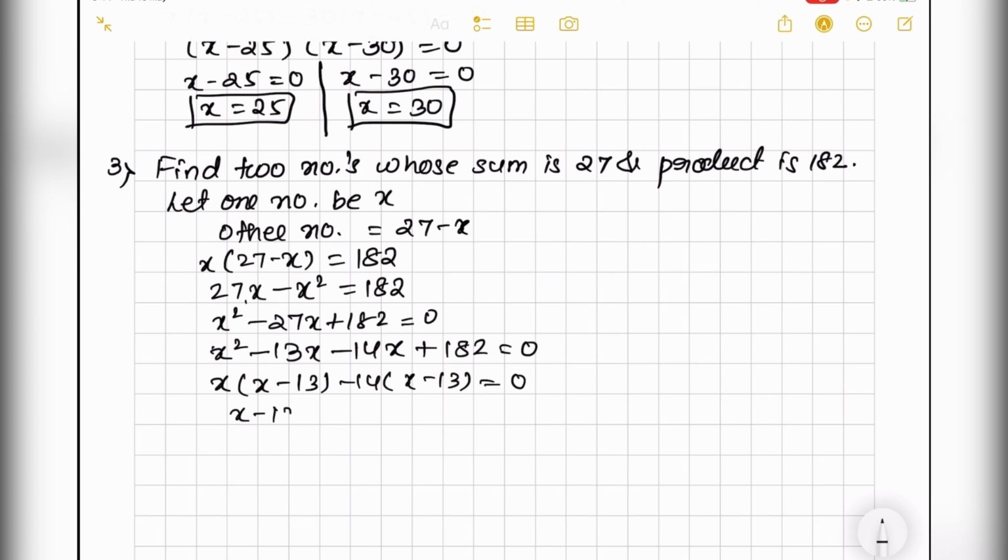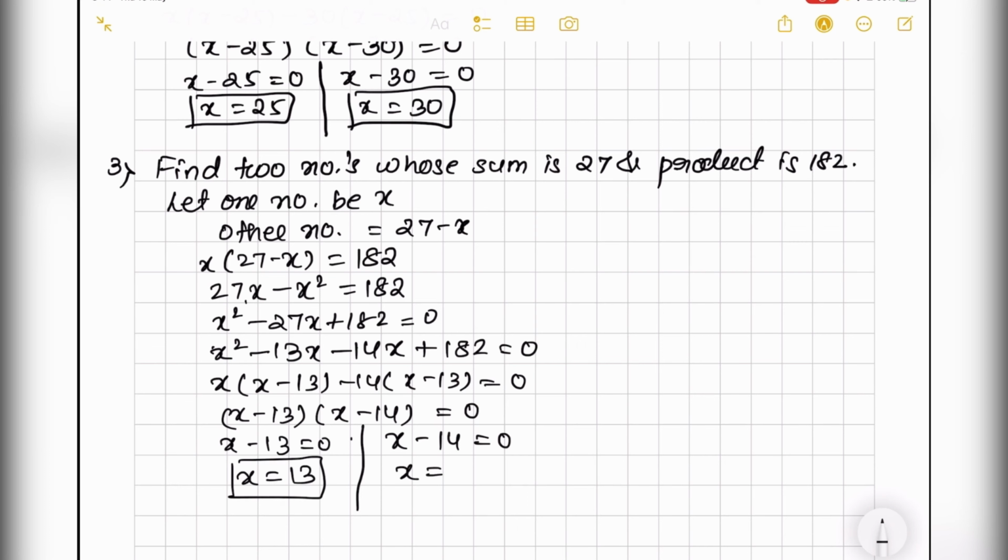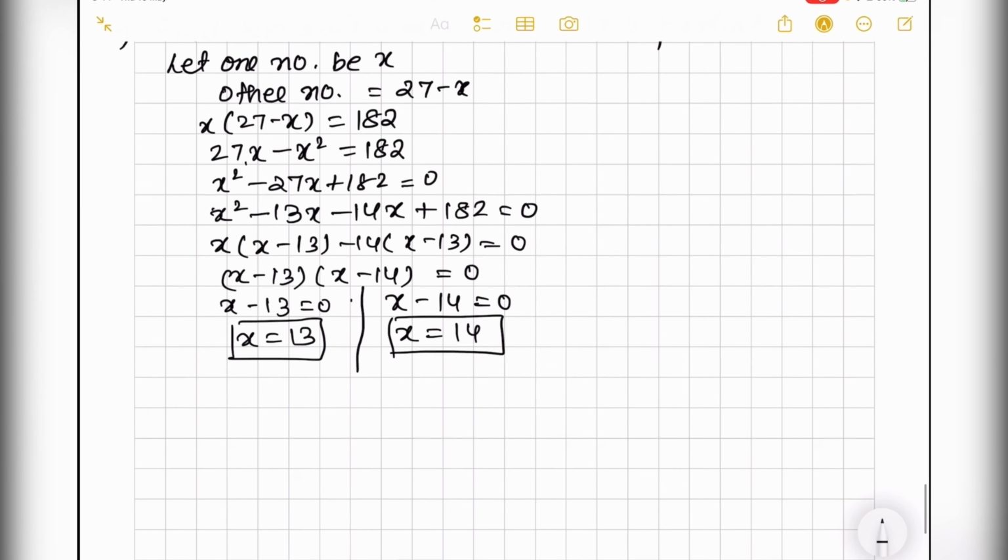So either x - 13 = 0 or x - 14 = 0. So either x = 13 or x = 14. Out of the two, any one solution will be there, or both can be there.